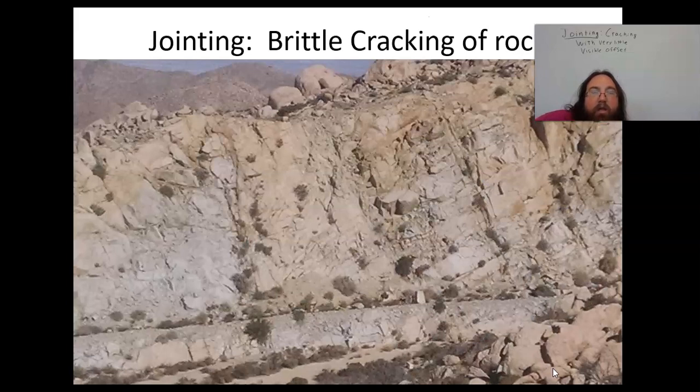There we go. And so we see a lot of this, for example, out east along I-8. This is a shot from Inkopah Gorge near Desert Tower.